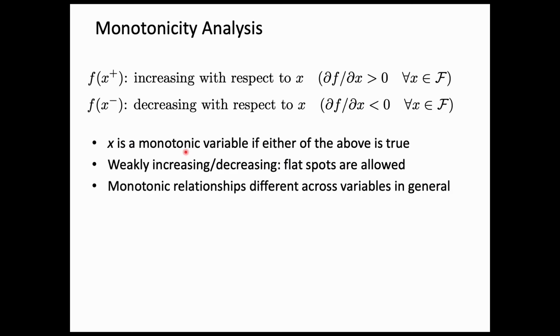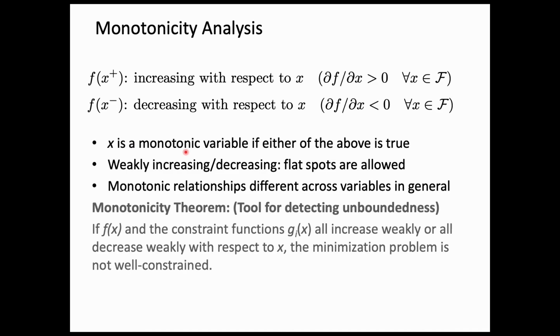It's important to remember that monotonic relationships can be different across variables. If we're considering a multivariate function, we need to look at each one of the input variables to that function to assess the monotonic relationships.